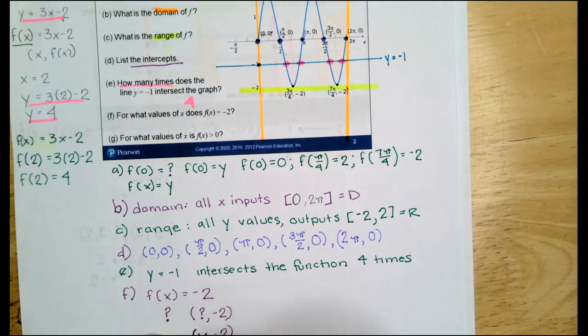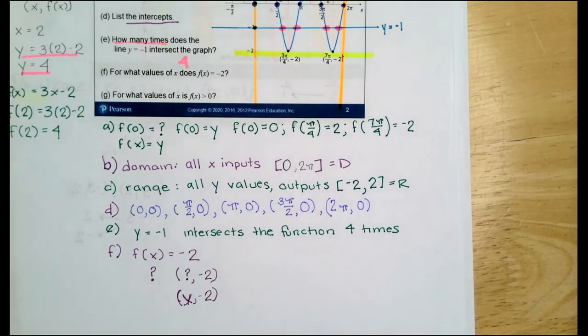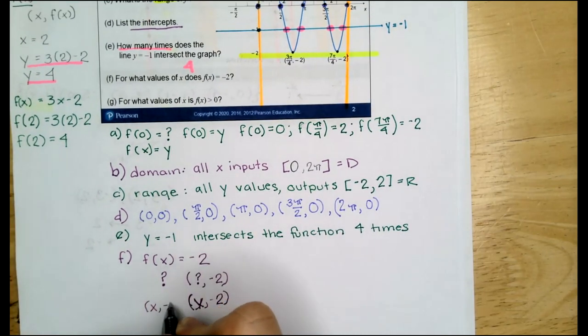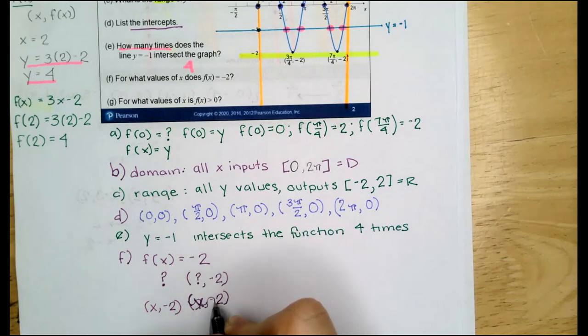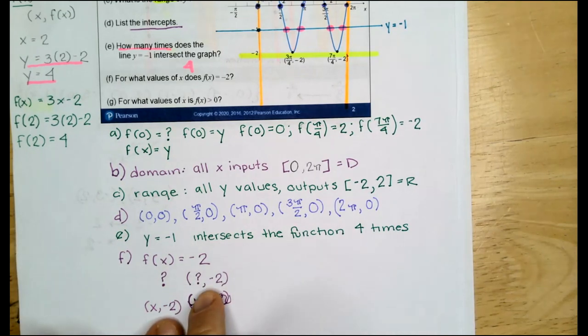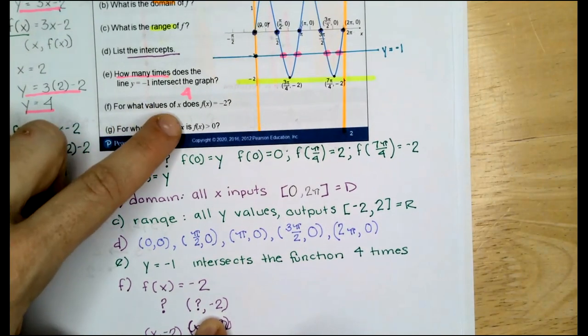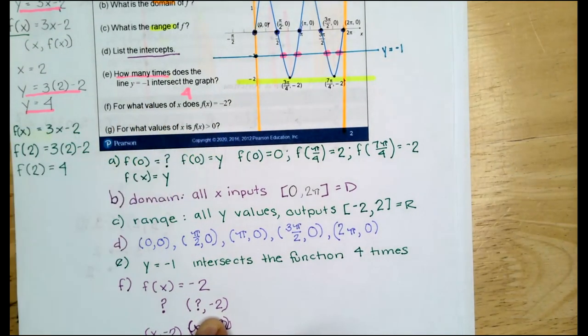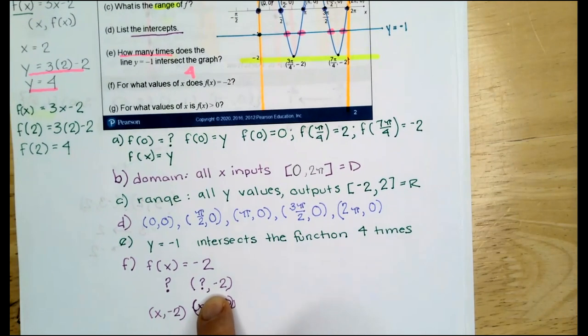Yikes, that's bad teaching. We don't know our x, we do know our y. So for what values of x does f of x equal negative 2? And it's okay if it's more than one number. You can have more than one x equal the same y. You can't have more than one y equal the same x.